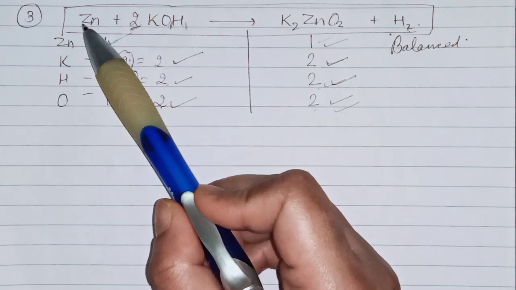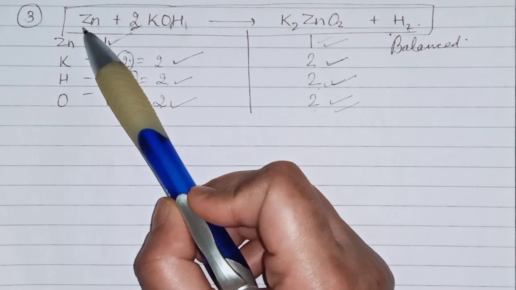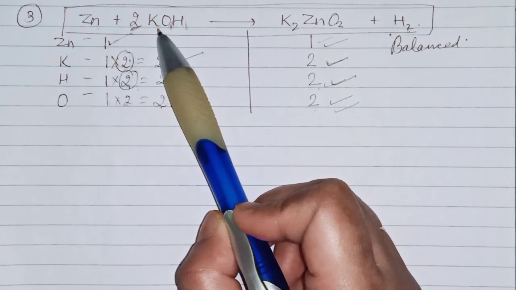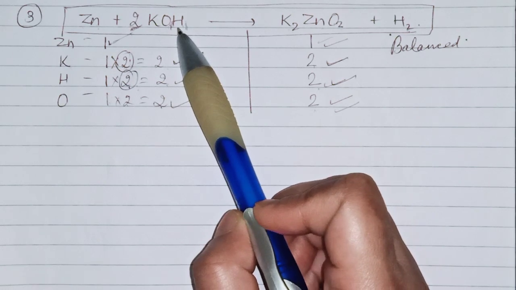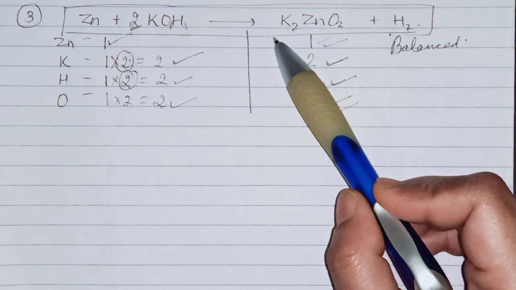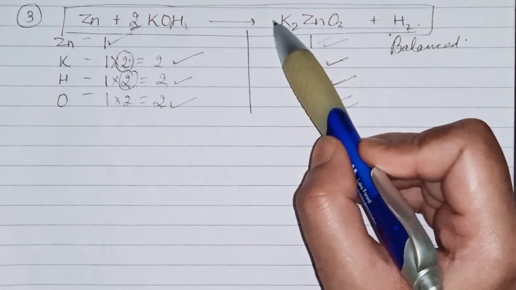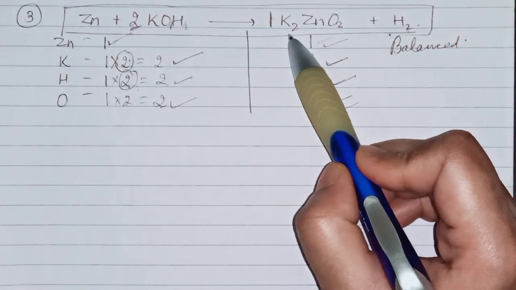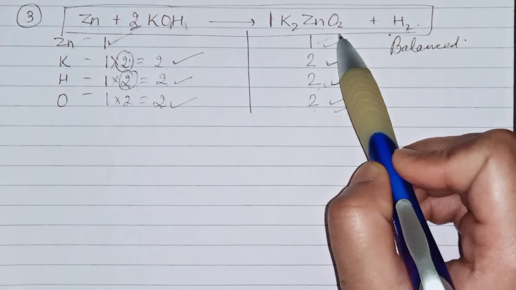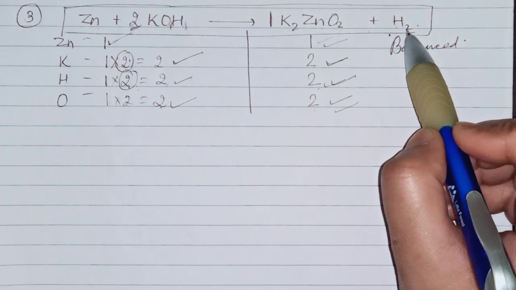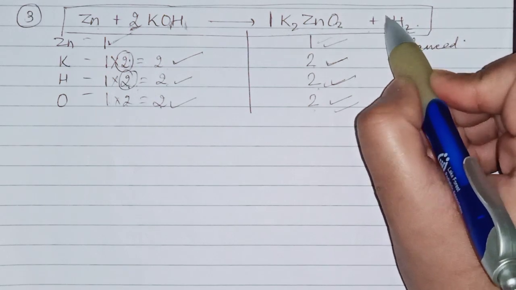See here, 1 atom of zinc reacts with 2 molecules of potassium hydroxide. Then this reaction will give 1 molecule of, nothing is written here, that means it is 1 molecule of potassium zincate, and 1 molecule of hydrogen gas is formed.